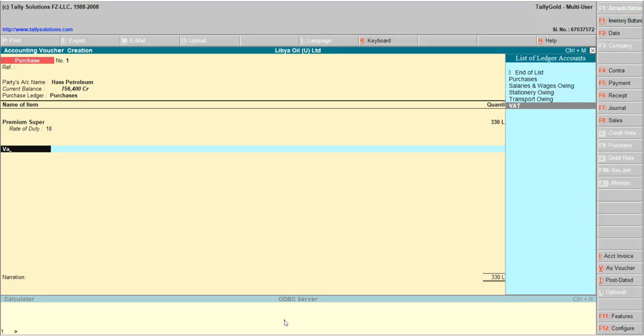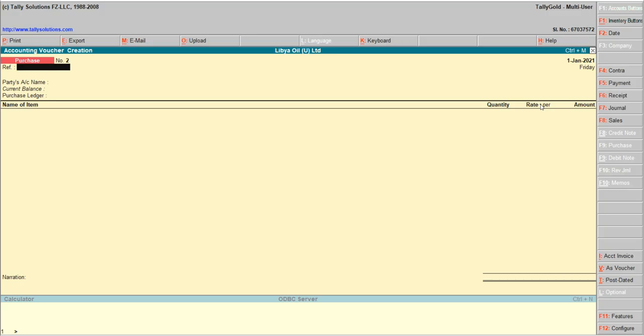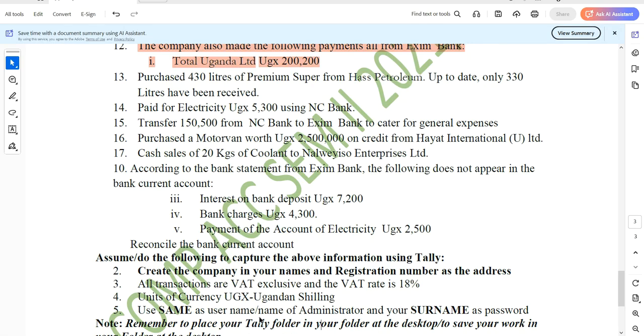VAT, there is VAT, don't forget. The VAT was exclusive, so 18%. Consider VAT. Narration. That purchase has been entered.